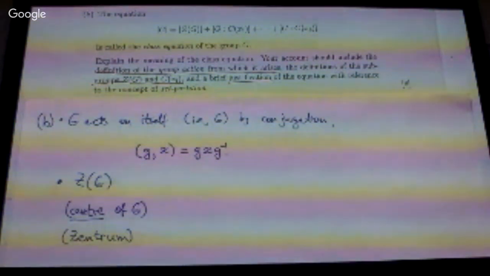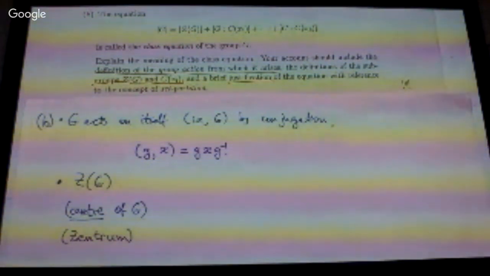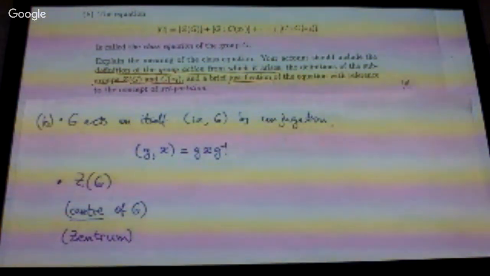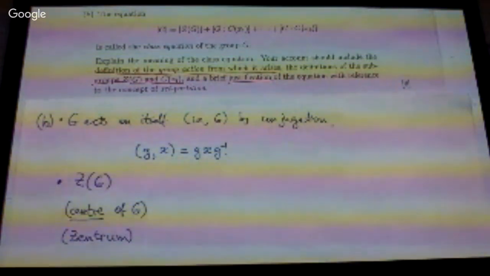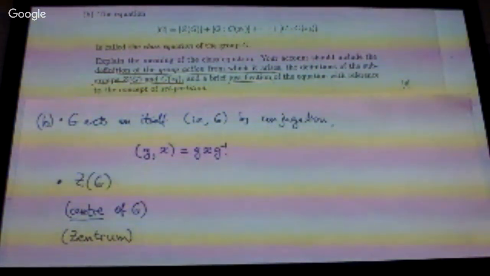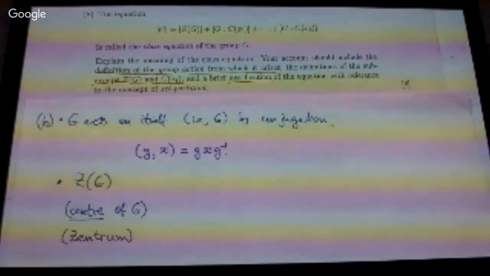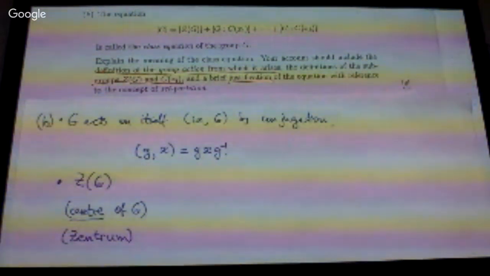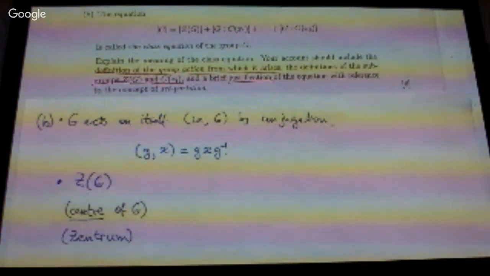Okay, the center. So in a way, this is the stabilizer. An element in Z(G) is called a central element.